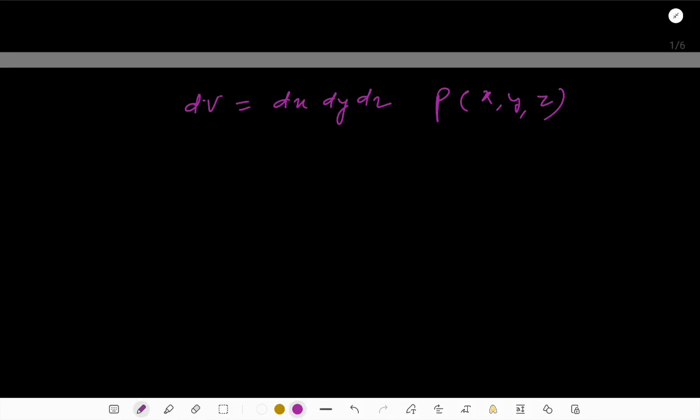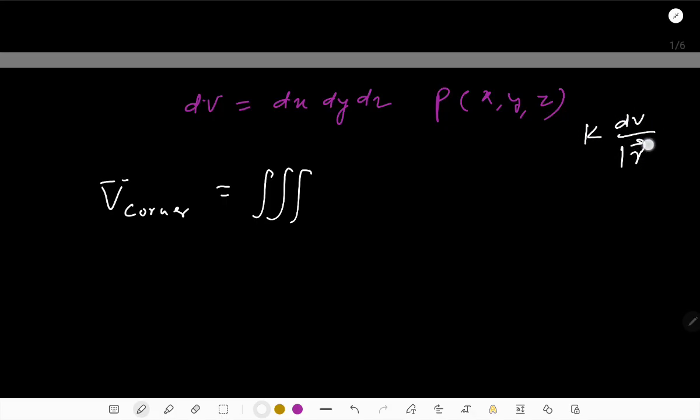now I can find the potential at any corner of the cube, and I can write it as k dV upon the position vector of that point, k dV upon r, like this.